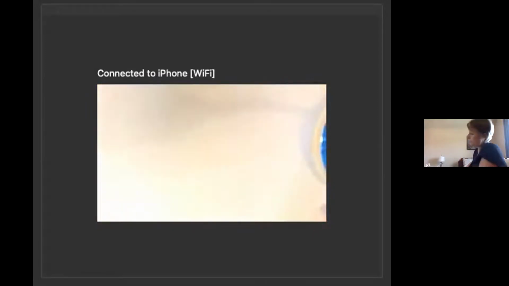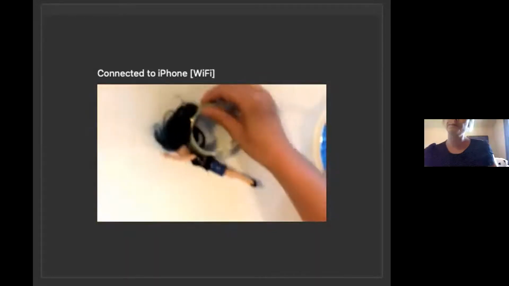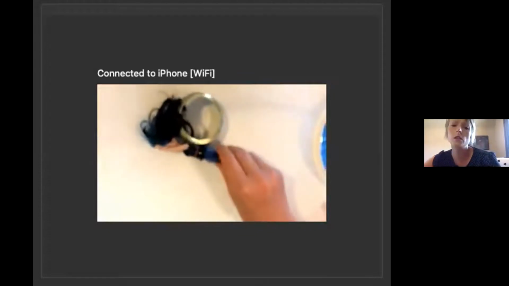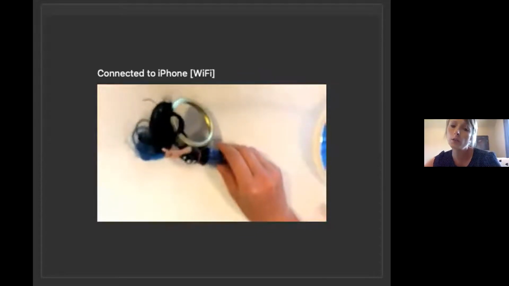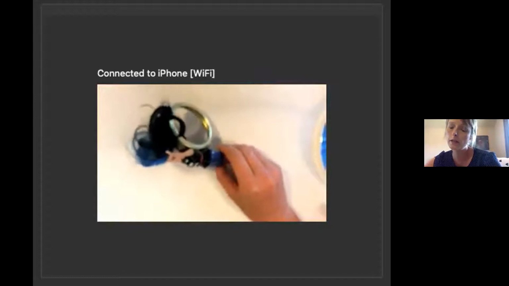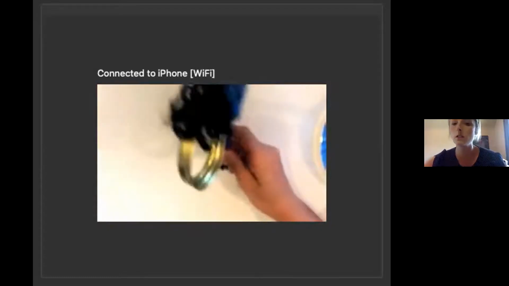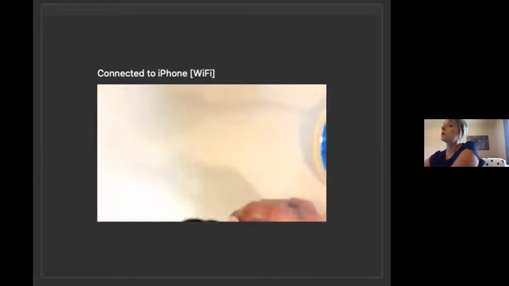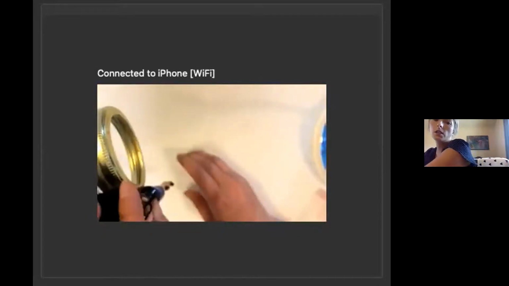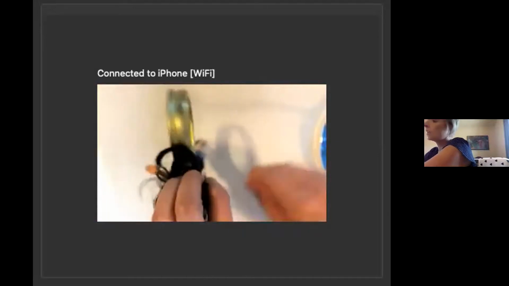Then we have action figures. So a lot of people will use shower curtain rings. I didn't have any of those. Mine are metal and they open, so I couldn't grab one. So I thought, what else can I use? And I just used a mason jar and I hot glued it.